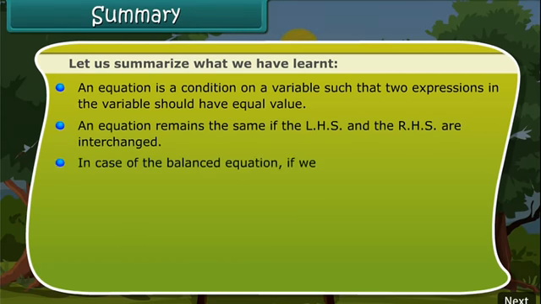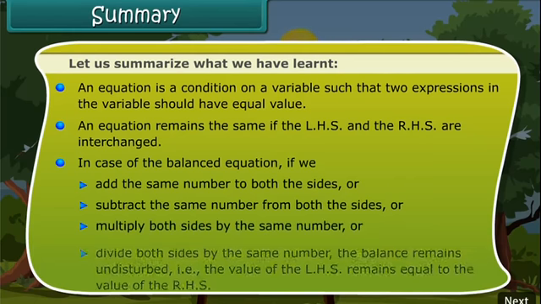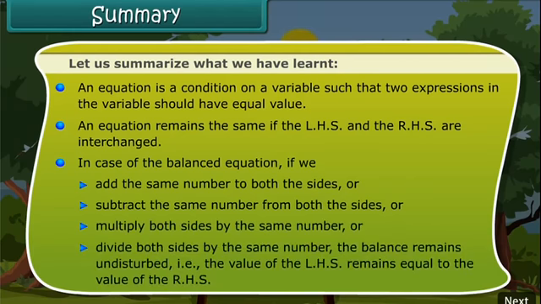In case of the balanced equation, if we add the same number to both the sides, or subtract the same number from both the sides, or multiply both sides by the same number, or divide both sides by the same number, the balance remains undisturbed. That is, the value of the LHS remains equal to the value of the RHS.